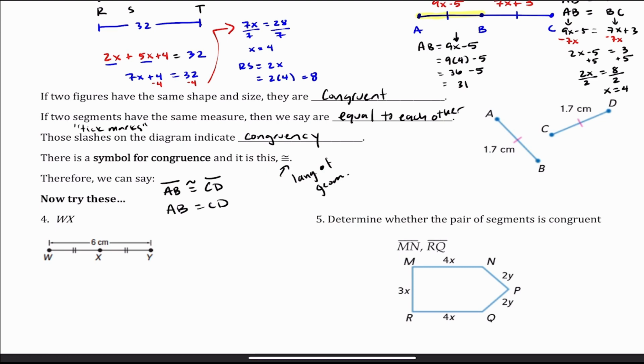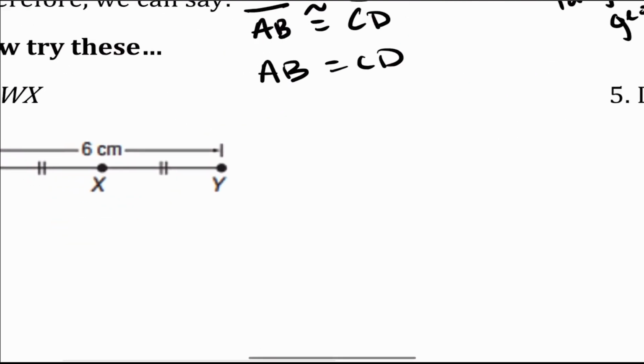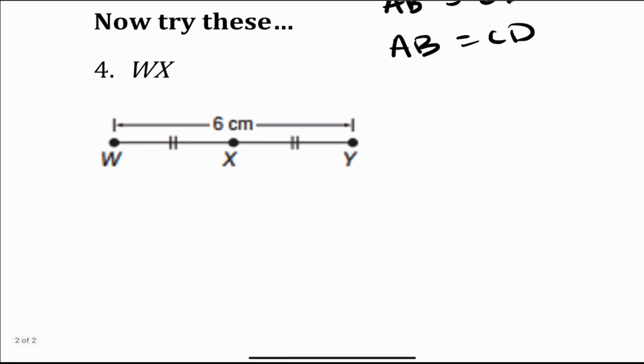WX, what's WX? Well, I know for sure that we can see that WX and XY, they both have 2 tick marks. That means that those two segments are congruent to each other. But do we really know what WX is?